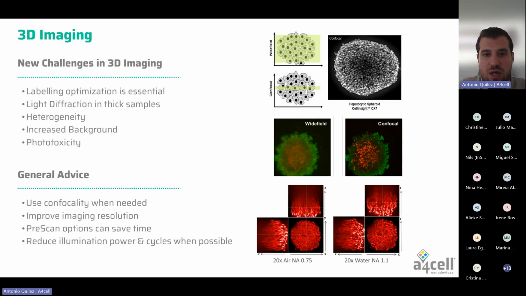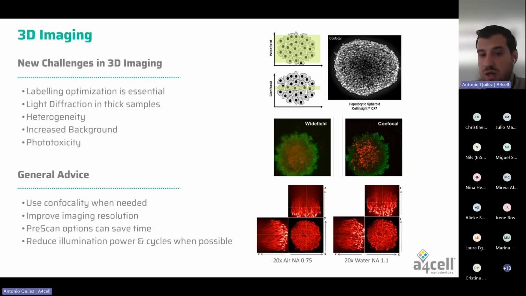As you can see here in these images, wide field images are going to get blurry, especially in thick samples, and this is especially magnified when using low resolution objectives.